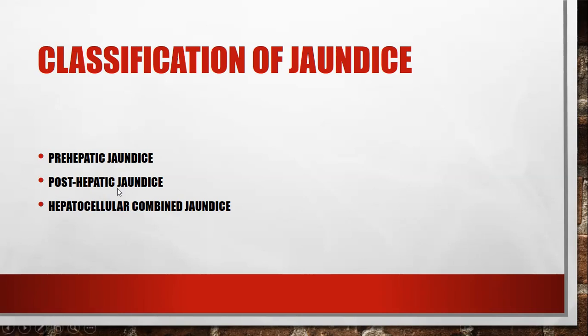Post-hepatic jaundice is associated with the obstructive type of jaundice, when there is obstruction in the biliary system, as I've mentioned already. Hepatic jaundice is usually seen in conditions where there is increased injury or destruction of the liver hepatocytes themselves.